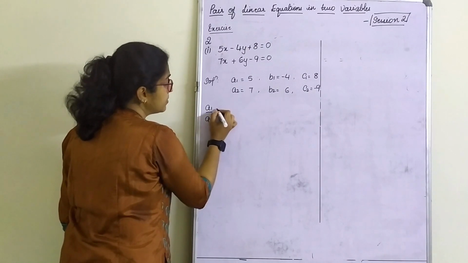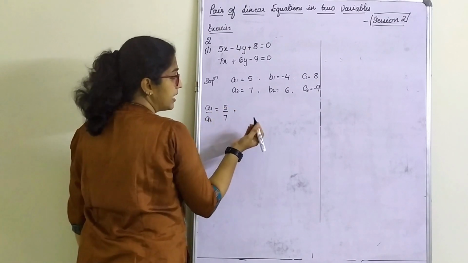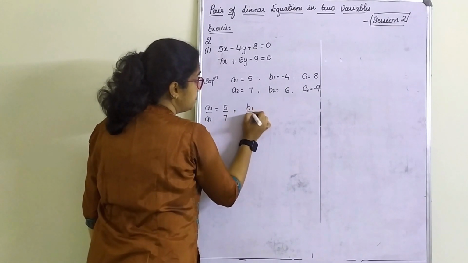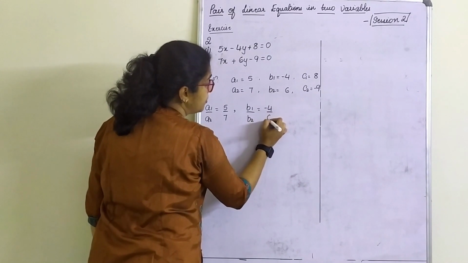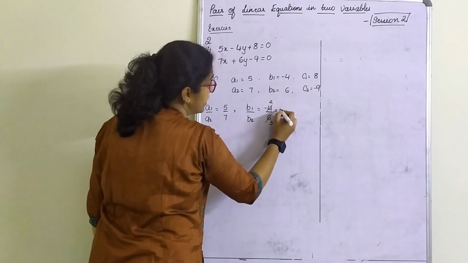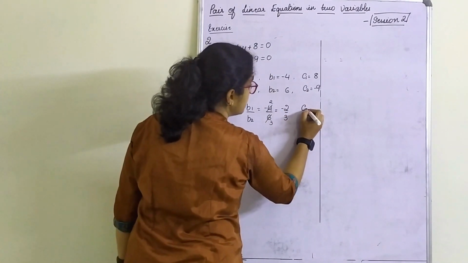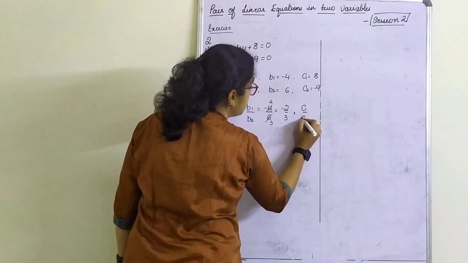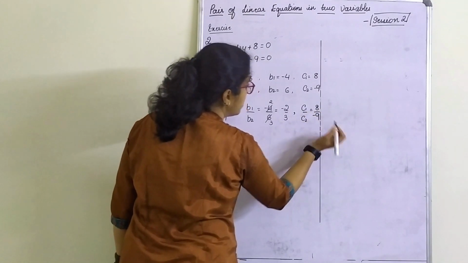A1 by A2 is equal to what? 5 by 7. Keep this as it is, can't simplify further. B1 by B2 is equal to -4 by 6. 2 twos are 4, 2 threes are 6. Simplify this: -2 by 3. Last, C1 by C2 is equal to 8 by -9.